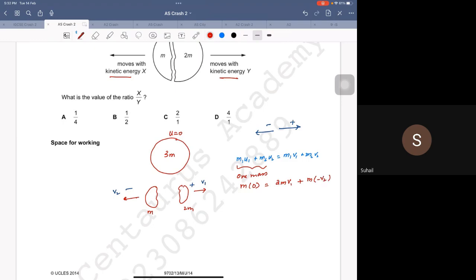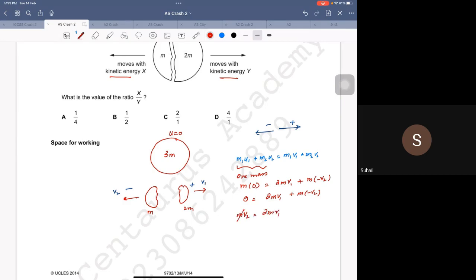How do I know this? Because I know that no matter what, when they explode, they're going to explode in opposite directions. So if one goes to the left, the other goes to the right. That has to be the case. So it's going to be 0 equals 2m v1 plus m times minus v2. So this will go there: m v2 equals 2m v1.